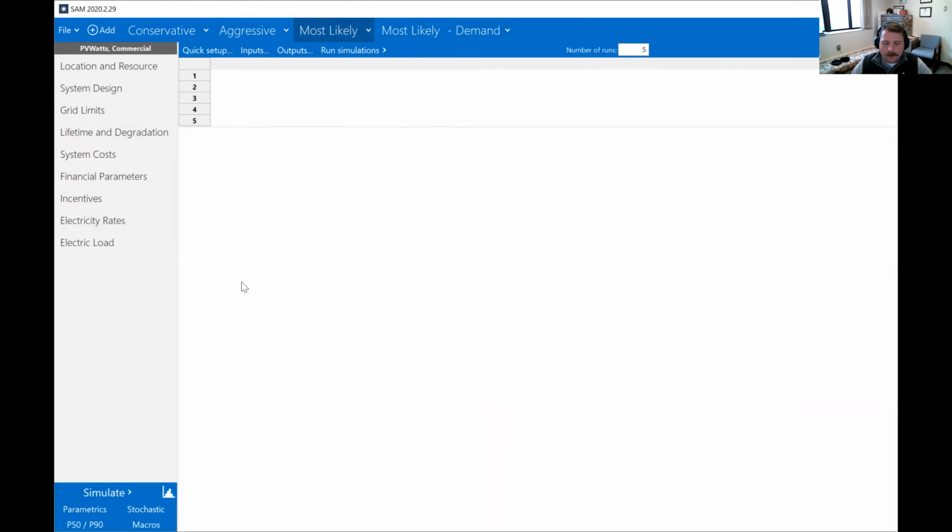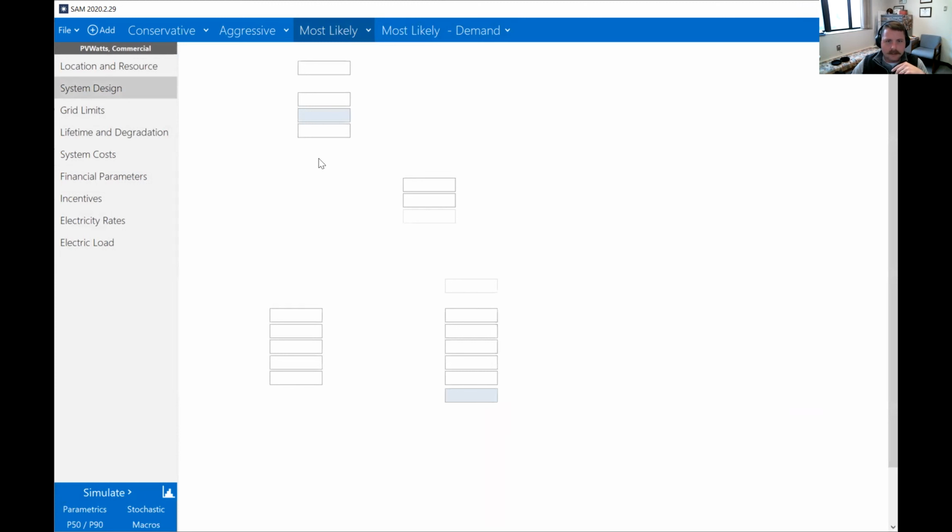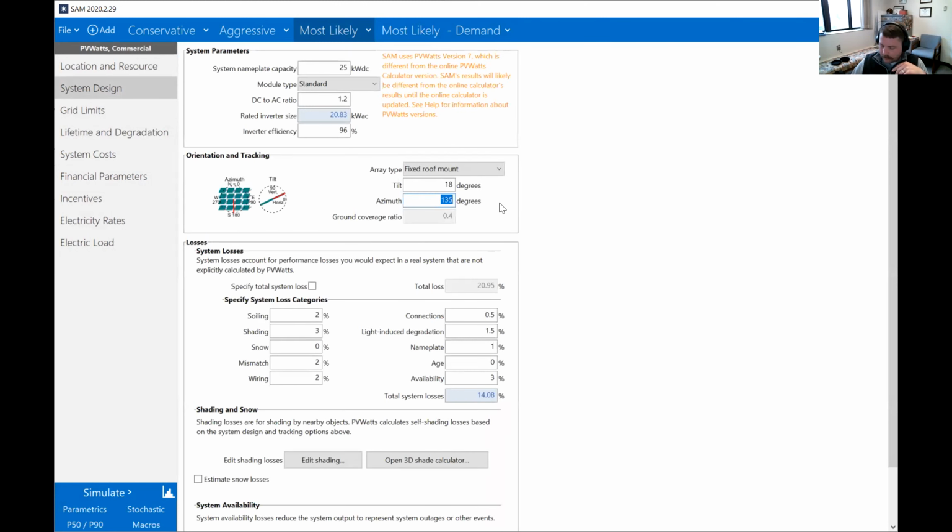So what I want to do is figure out which of, let's go back to my system design quick. I'm going to change it to 180 degrees because I want to look at the ground mount, and I want to see what is my optimum tilt angle for the ground mount.